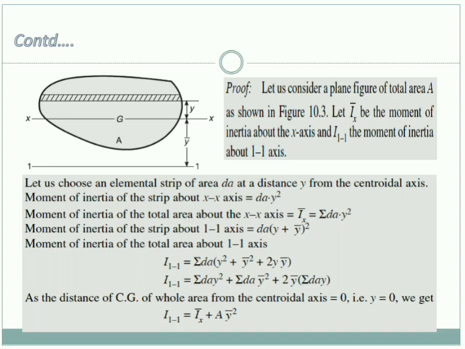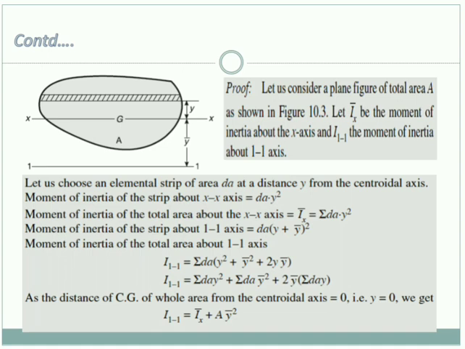So the most important thing here is the last equation which we have formed. In this equation the last term is 0. The first term of this equation is nothing but Ix itself, and in the second term the summation dA is nothing but area itself, capital A, and y bar square we are keeping as it is.